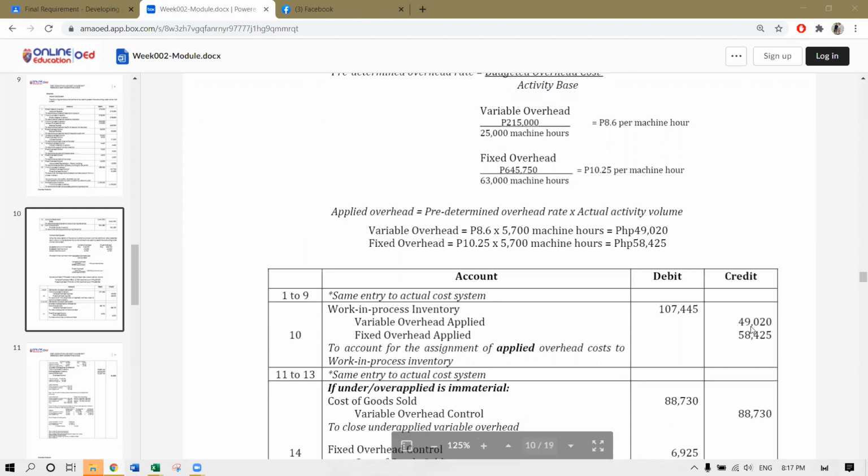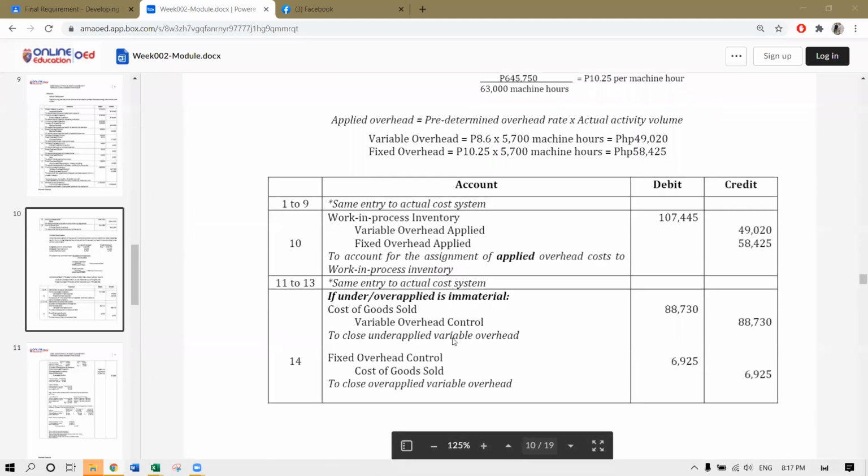So 137,750 actual minus 49,020 leaves an under applied 88,730. That's why we close it to cost of goods sold.